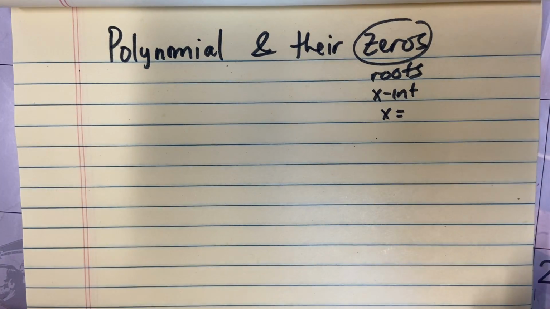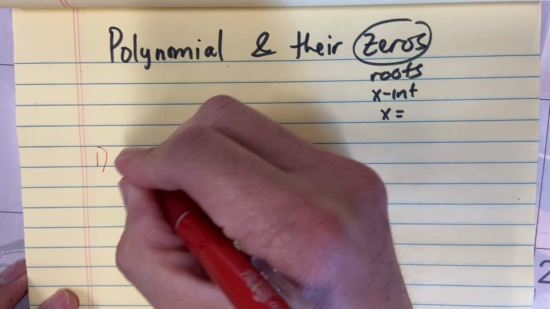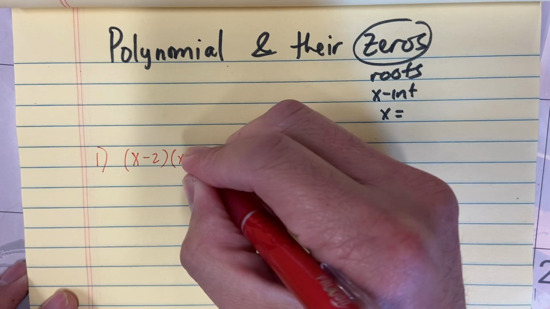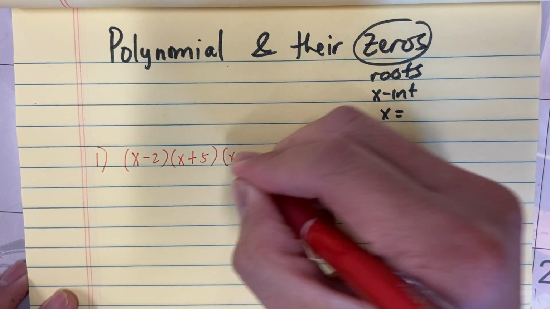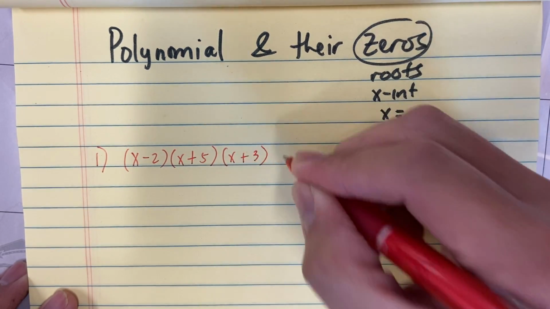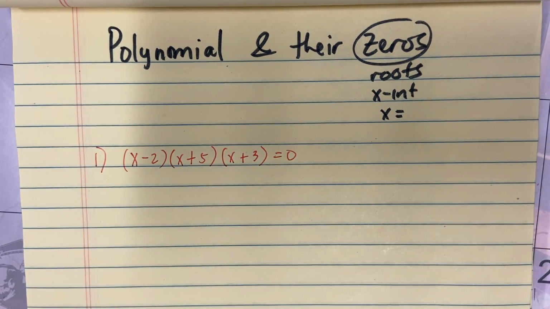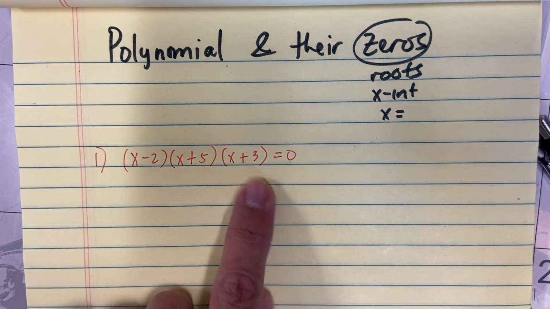So if you're given, say, (x - 2)(x + 5)(x + 3) = 0, and you're being asked to find all the roots, just basically solve for the x for each of them.